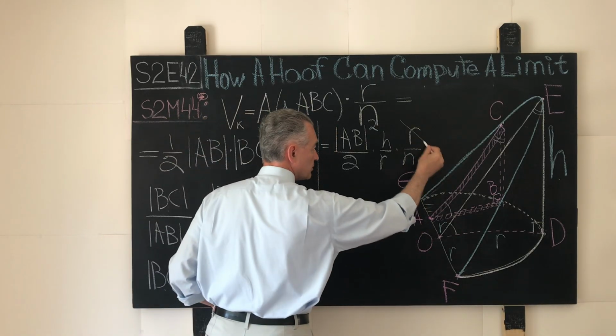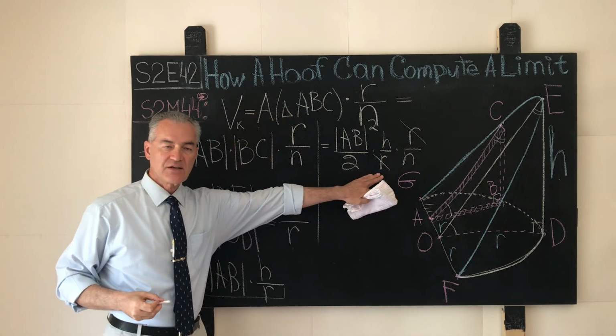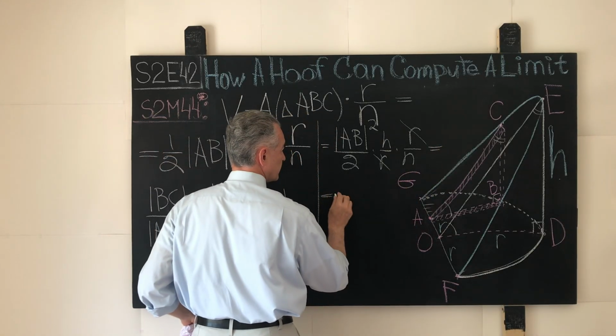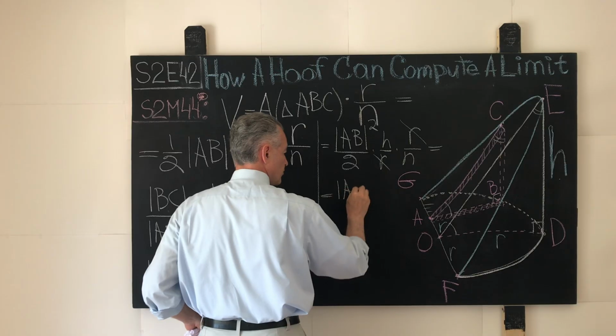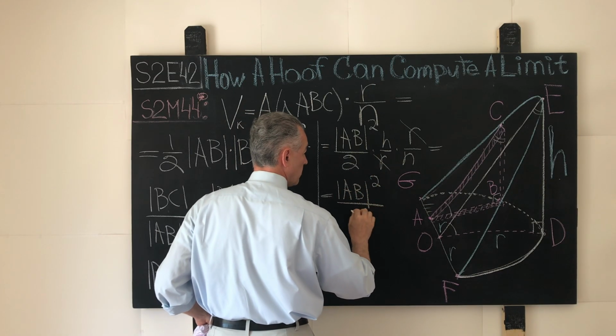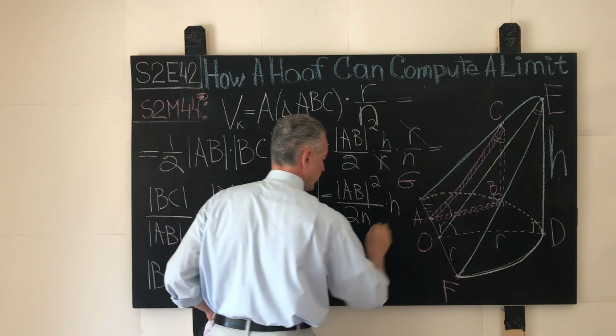We see another miracle. R in the numerator, R in the denominator cancel out. And what do we have in the end? In the end, we have the following expression. The distance between the points AB squared divided by 2N multiplied by H.